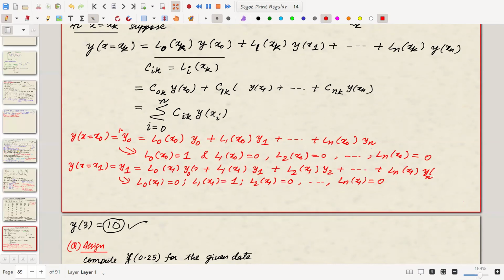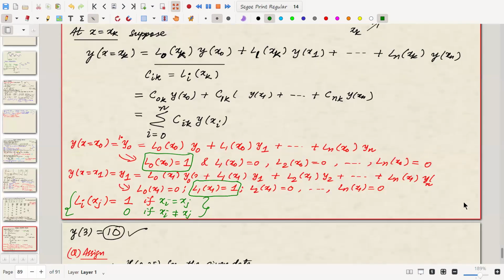Okay, so just observe that Li xj is equal to 1 if xi equals xj, and it is 0 if xi is not equal to xj. That's it. Why is that the case? You can see L0 x0 is 1. L1 x1 is 1. Others are totally 0.